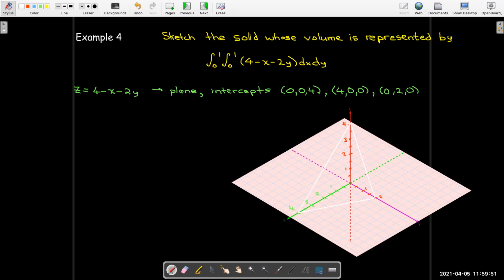All right, but that's not the volume, because we're only interested in the portion of the solid under that plane, which is above the rectangle 0 to 1, 0 to 1. So x and y both go from 0 to 1. So I guess really it's a square.